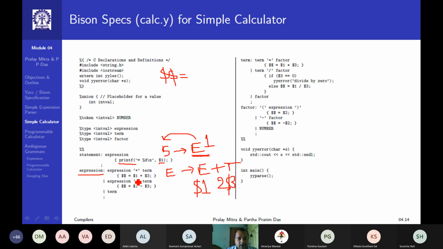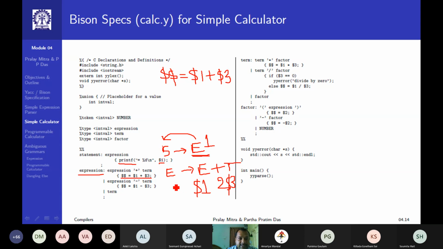So I am adding $1 and $3 and storing that information to $$. $$ indicates the current one. That is my expression here. Simple. And this action is within the brace. That is the syntax. And inside that one, you have to write one statement similar to a C program. That's why after that there is a semicolon.